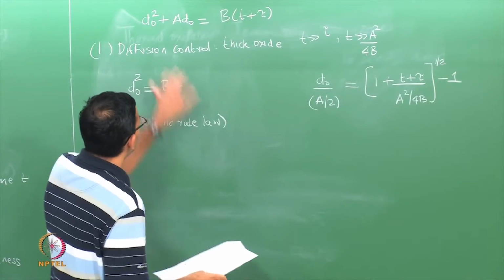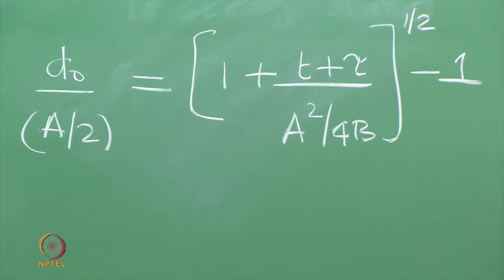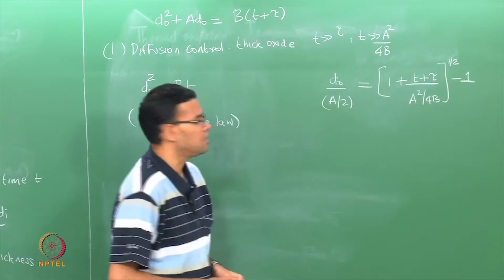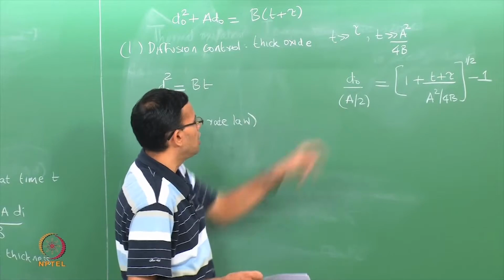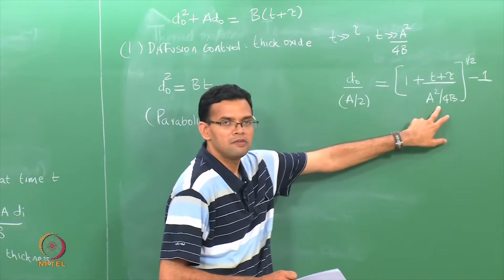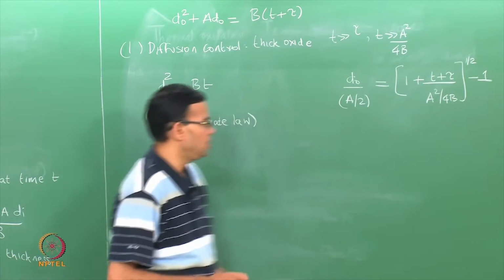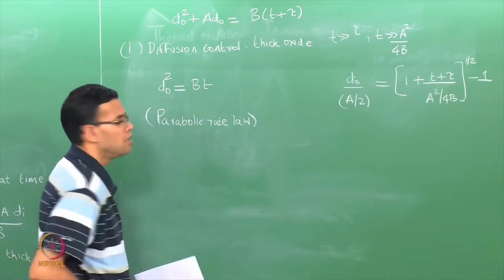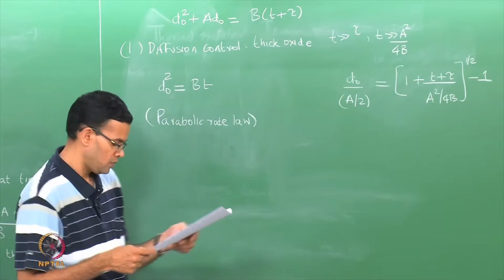So, this is just a rearrangement of the earlier equation. If T is much larger than A square over 4B and T is much larger than tau, this equation will essentially simplify. You can ignore the 1 and the tau, and you are left with d square equal to Bt, or a parabolic rate law.